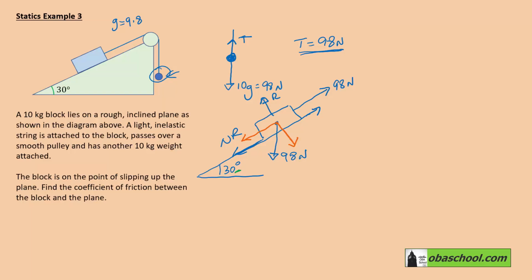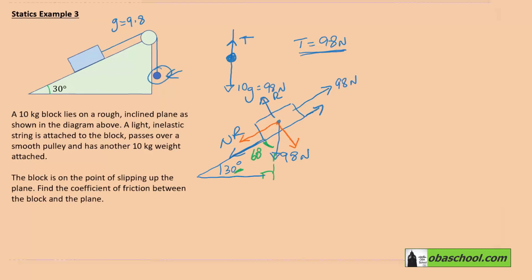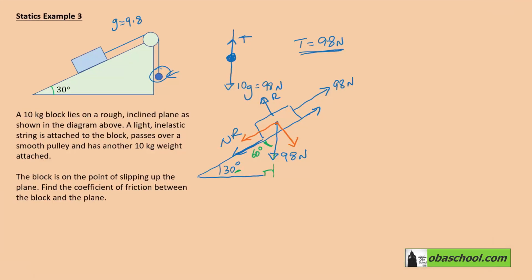If this is 30 degrees here, this angle here would be 60 degrees because this would form a right angle down here. And then this angle here would be 30, which means that going in this direction we would have 98 cos 30, and down the slope we would have 98 sin 30.